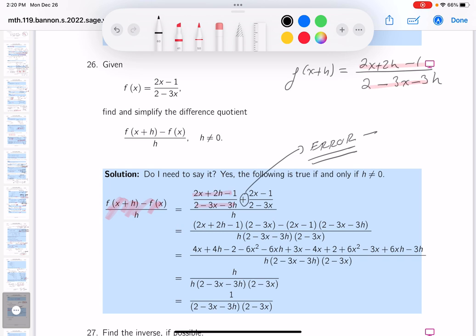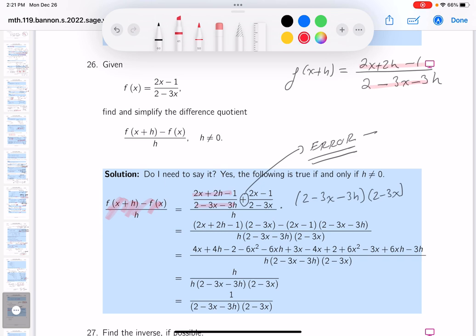The next thing I'm going to do is multiply top and bottom by the LCD. And so what's the LCD? The LCD is 2 minus 3x minus 3h times 2 minus 3x. All right? Now, if you do that, what are you going to get?